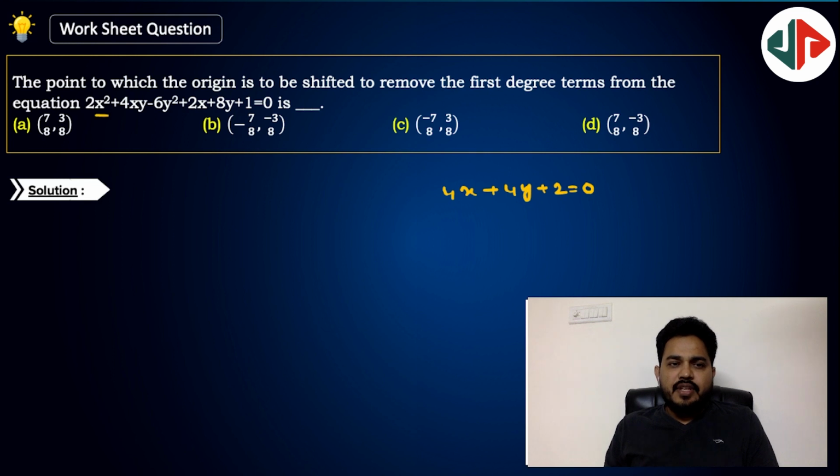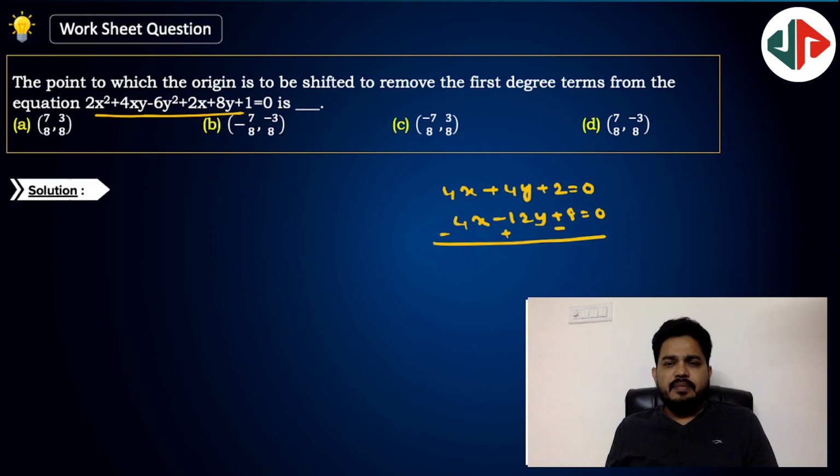And partially differentiate with respect to y. 4x minus 12y plus 8 is equal to 0. Just you subtract one from other, minus plus minus. So 16y is equal to 6. So y is equal to 3 by 8.